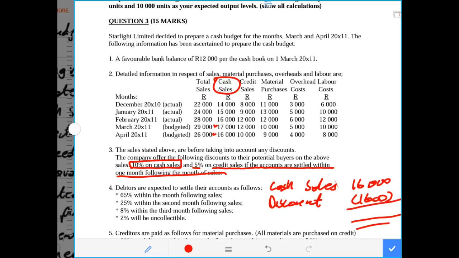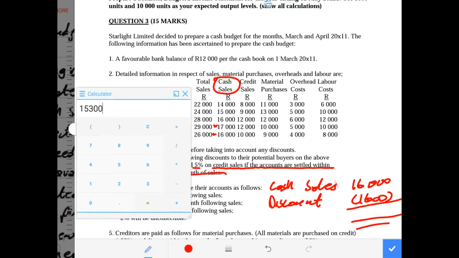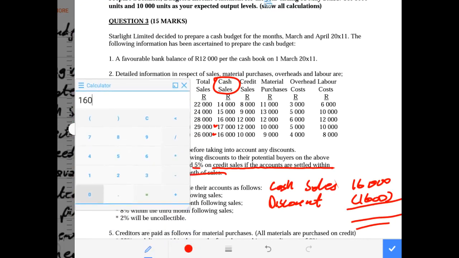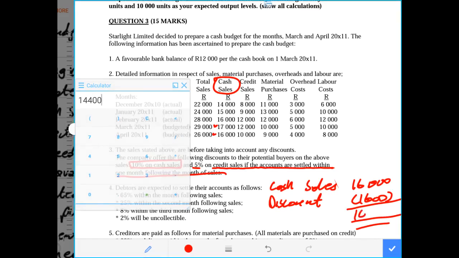Let us prove it: 16,000 times 10% gives us 1,600. Then 16,000 minus 1,600, we get 14,400 rands as our cash sales for the month of April.